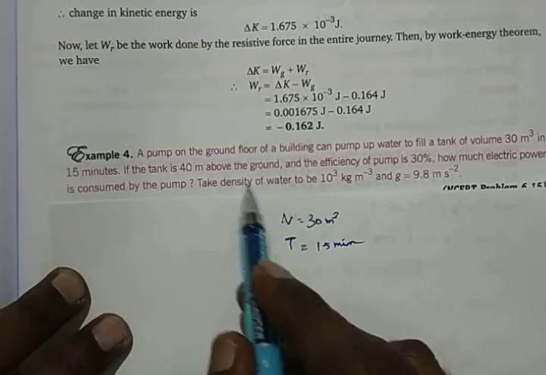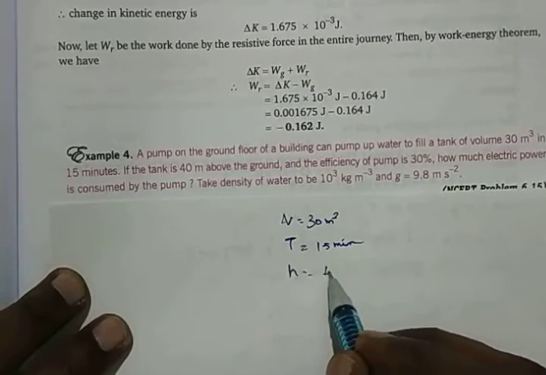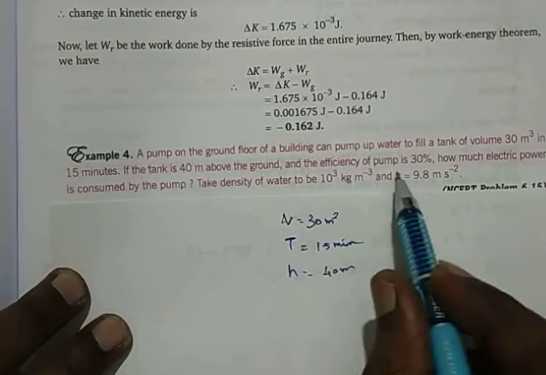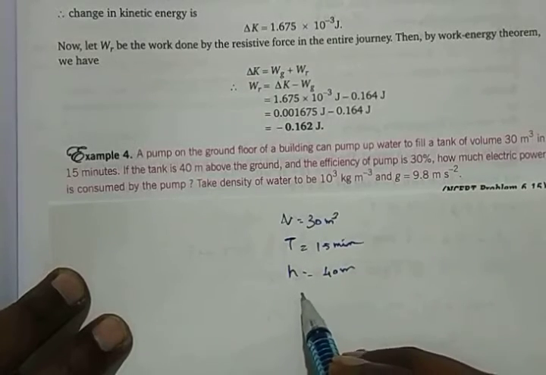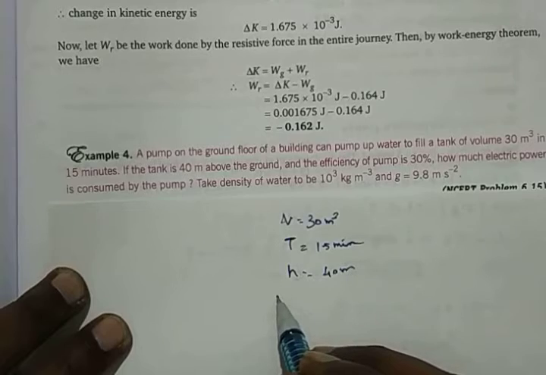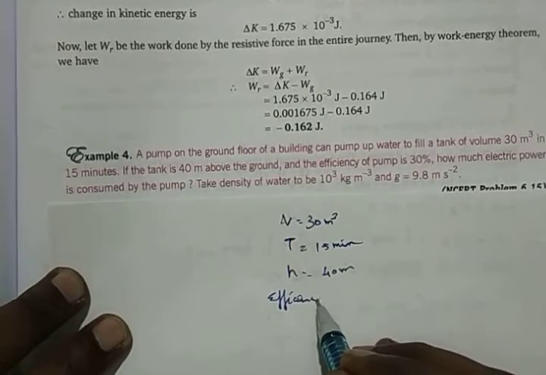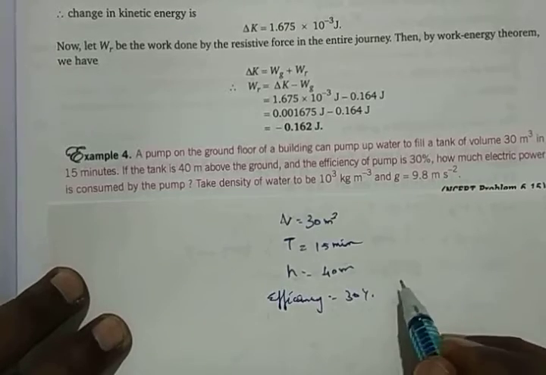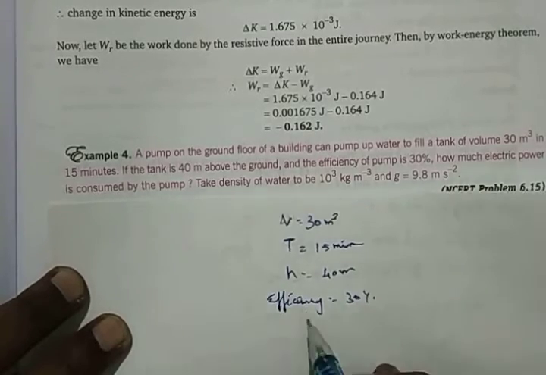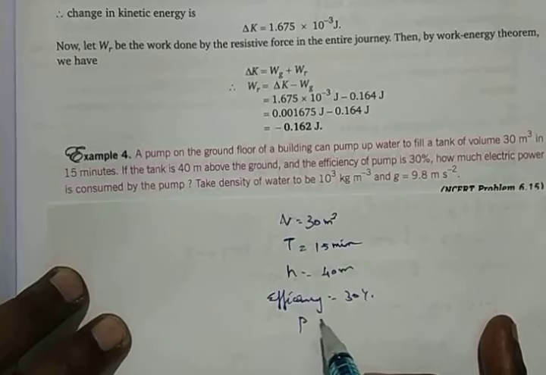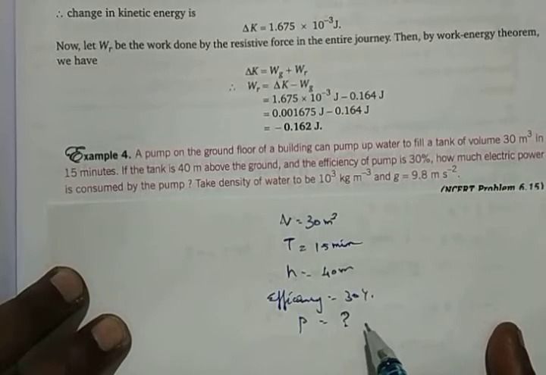The tank is 40 meters above, so height is equal to 40 meters. And the efficiency of the pump is 30 percent. How much electrical power is consumed by the pump? Power is equal to question mark.